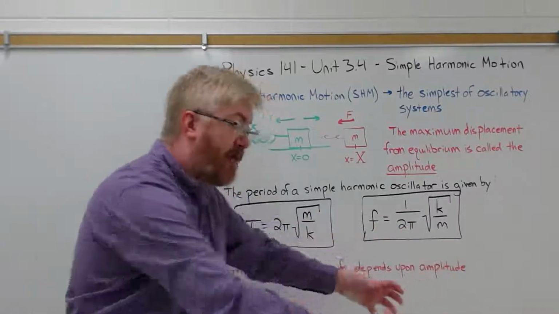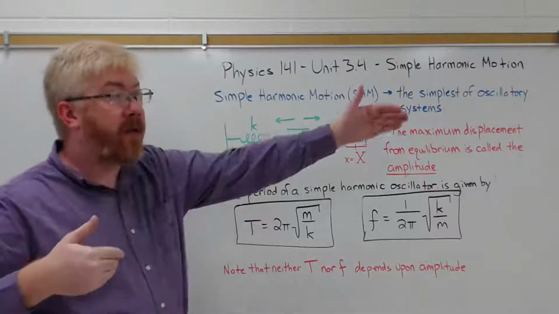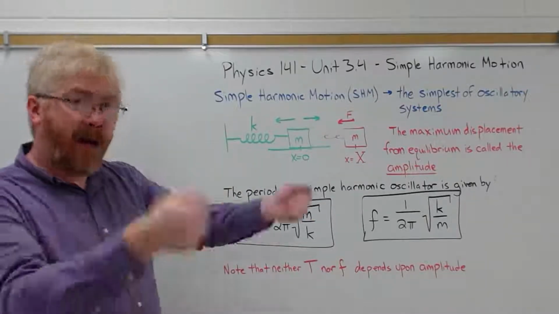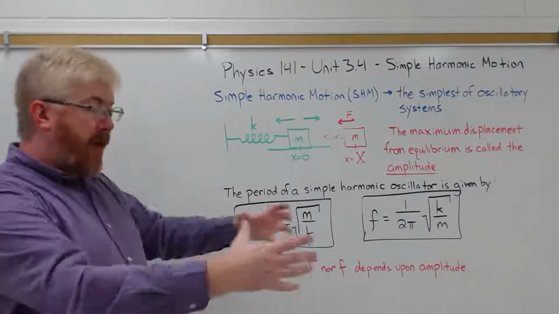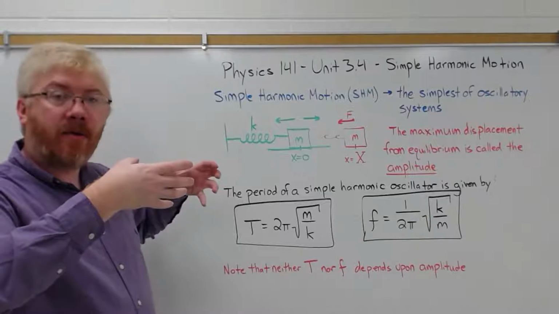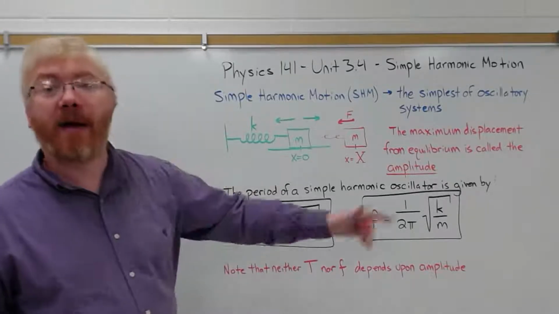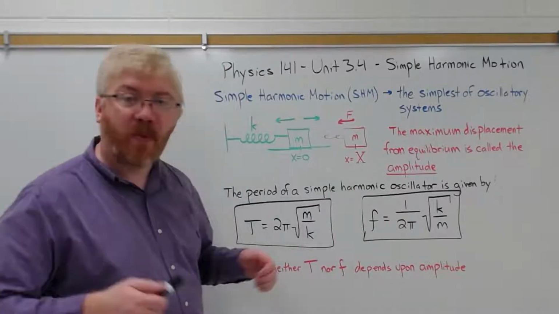You pull a child back on a swing, you let them go, they go forward, and when they come back, they don't hit you in the face. Assuming they're not pumping, just swinging back and forth. So that maximum amplitude stays the maximum amplitude. Now, if there's no friction, no wind resistance, that child will swing forever. But that's not how the world works.